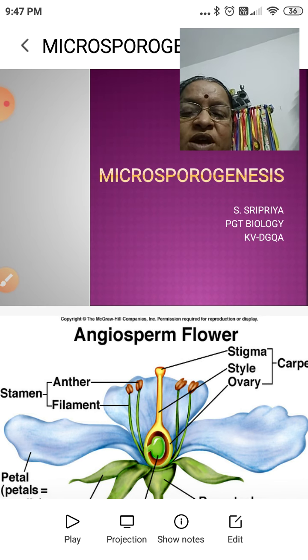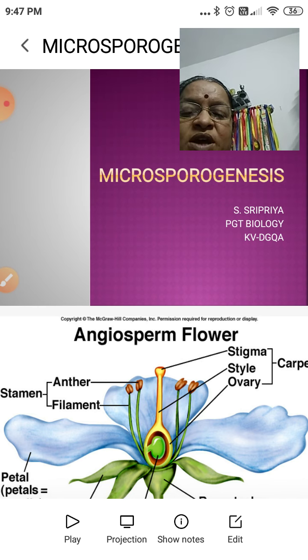The anther is a bilobed structure, and in each lobe there will be two microsporangia. So on the whole there will be four microsporangia on the anther, and inside these four microsporangia only the pollen grains are produced, and the four microsporangia get transformed into the pollen sacs.